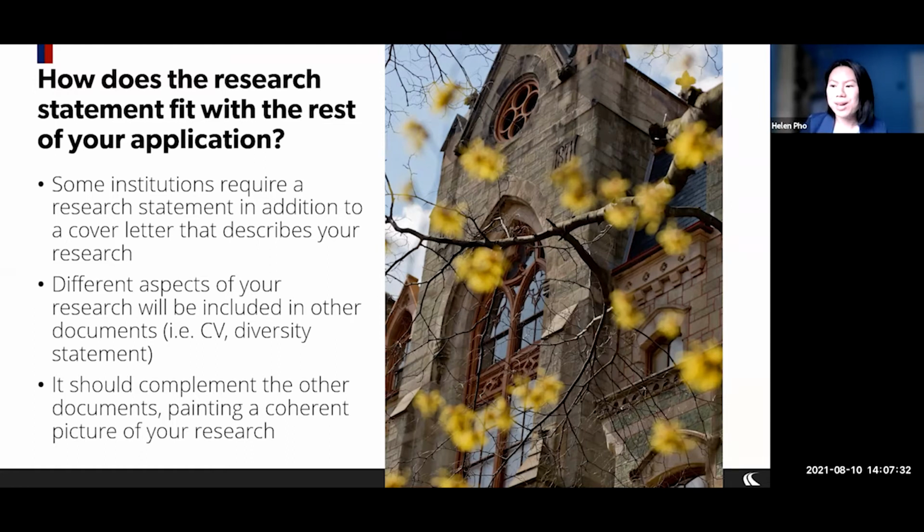So if anyone is reading your application as a whole packaged together, you want to make sure that this research that you're describing all fits in with each other. So you want to make sure that it sounds like it's one person doing all of this research, and the projects aren't wildly jumping from one topic to another, but that it's actually all coherent and it all makes sense together.